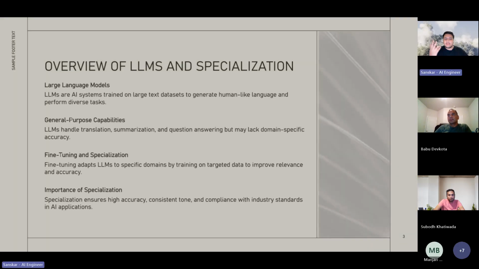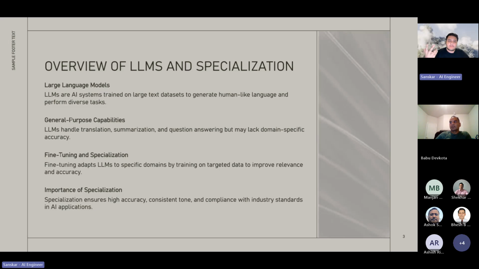So what do we know about LLMs? LLMs are AI systems, and they're AI models more specifically, and they're trained on so much text data. So if you guys don't know, the first GPT-4 that came out was trained on the entire internet. So there is a data set out there that contains all of the internet. Someone got the entire internet in a data set and then trained it on GPT-4. And LLMs are essentially just training on big text data.